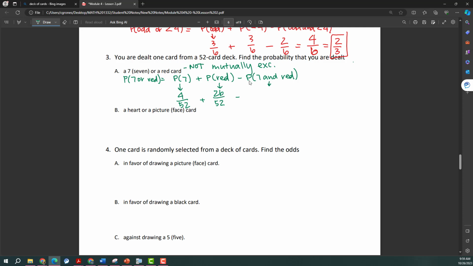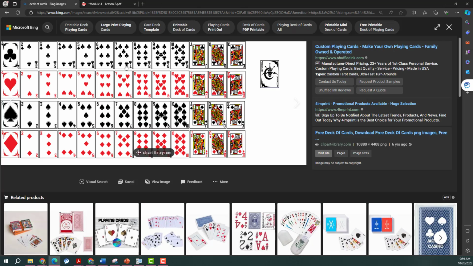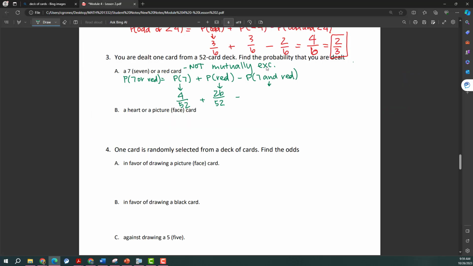But I'm doing it like this. The probability of 7 and red. How many of our cards are both 7s and reds? We have 2. So 2 out of 52. Our denominator stays the same, we just worry about our numerator. 4 plus 26 is 30. 30 minus 2 is 28. And then this reduces down to 7 over 13.